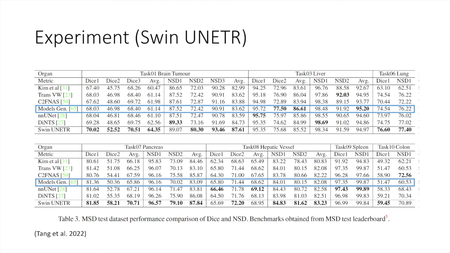C2F NAS, similar to the model proposed by Kim et al., uses NAS to configure the optimal model architecture. And then UNET, as is mentioned earlier, is self-configured as well. DiNTS is also NAS-based. The results from this table confirm that Swin UNETR has better performance compared to AutoML models and compared to self-supervised learning models such as Models Genesis.